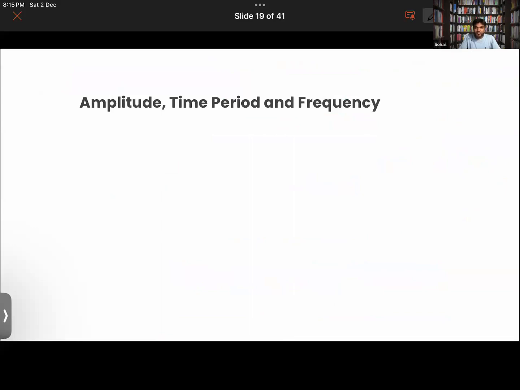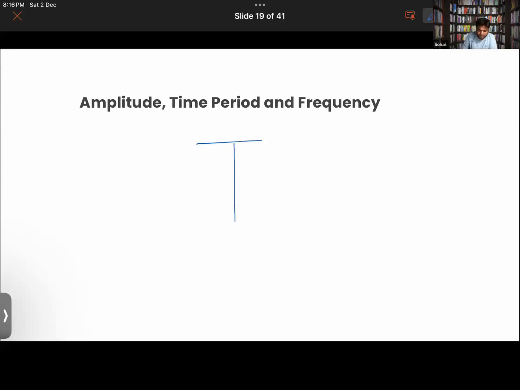Now there are a few terminologies associated with sound waves which we are going to study. Before that, I suppose you are already aware of the functioning of a simple pendulum. How does a simple pendulum work?